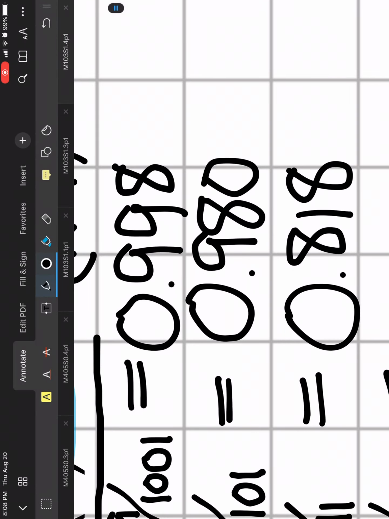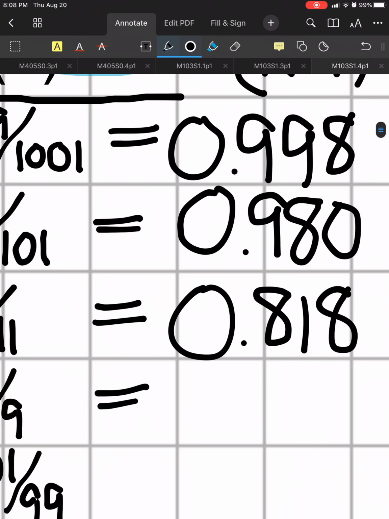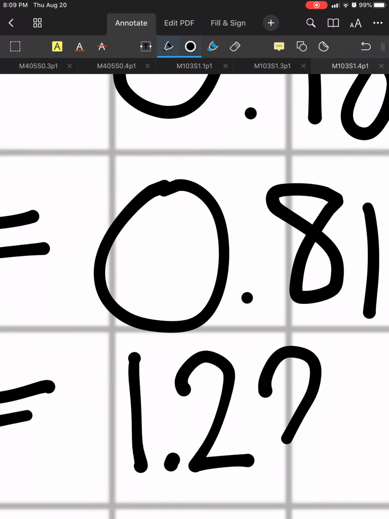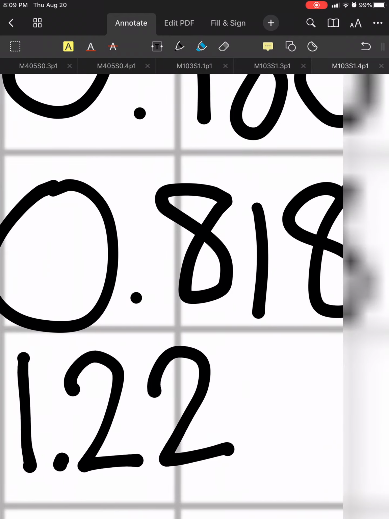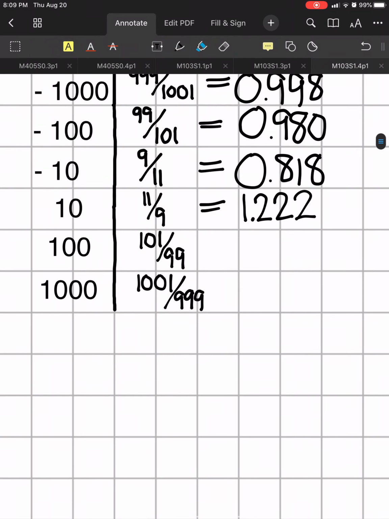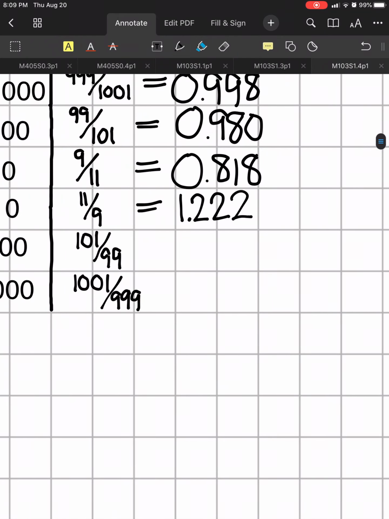The next one is, sorry about that, 11 over 9. That's 1.222. And the next one is 101 over 99.